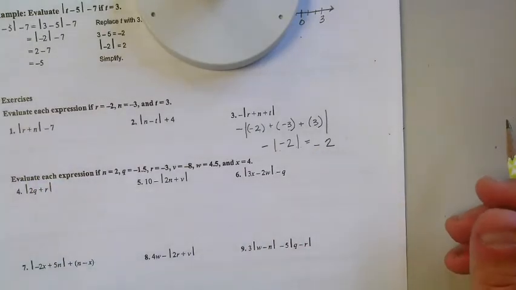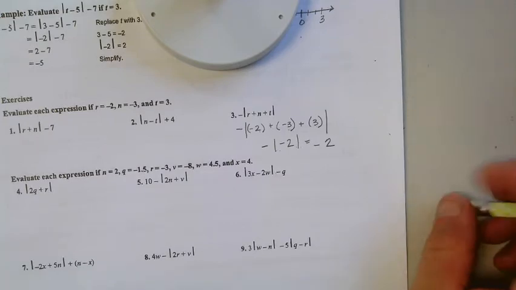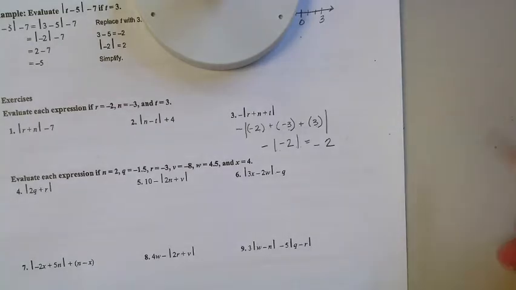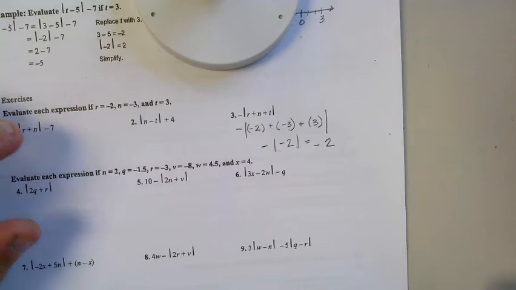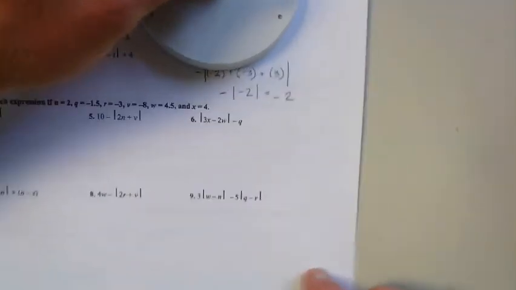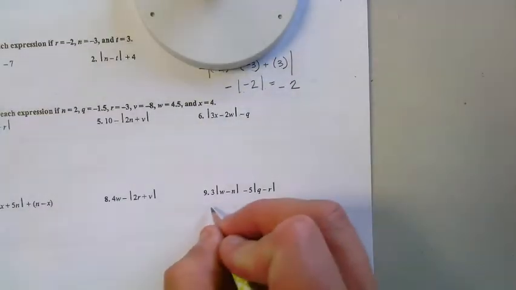The unfortunate part about this is that you cannot really double check your answers. You just have to trust your order of operations. Looking at number 9, this looks kind of daunting. We've got a big expression that we have to simplify.